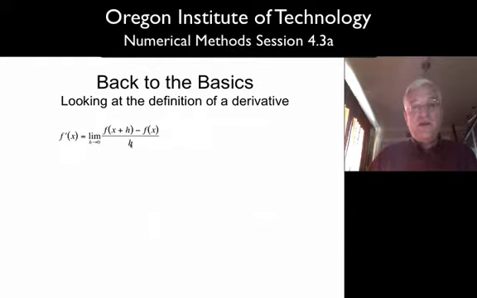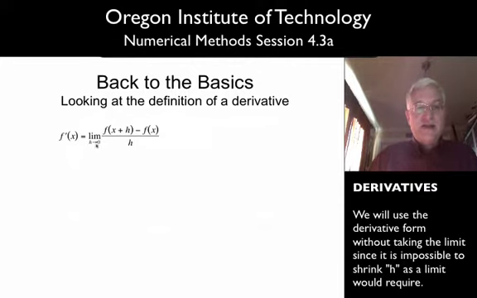The denominator is really x plus h minus x, and the x's cancel out. That's why we get an h in the denominator. So this is a slope between 2 points that are very closely positioned. Theoretically, if you take the limit as h gets really small, that is the derivative. That's the definition of the derivative.